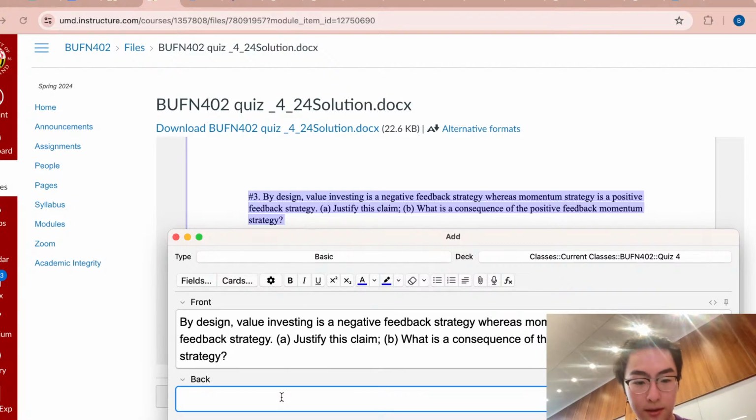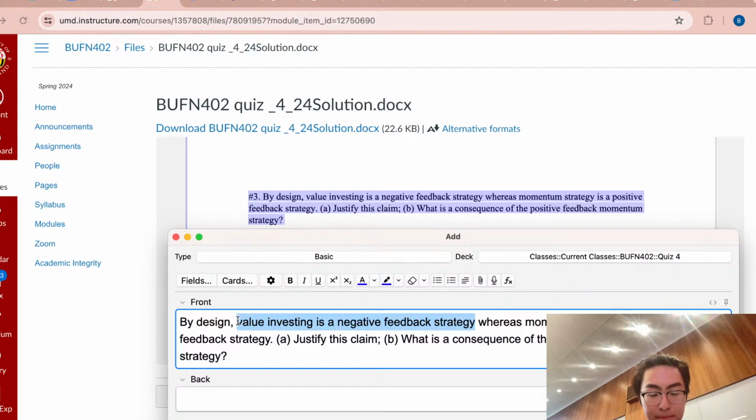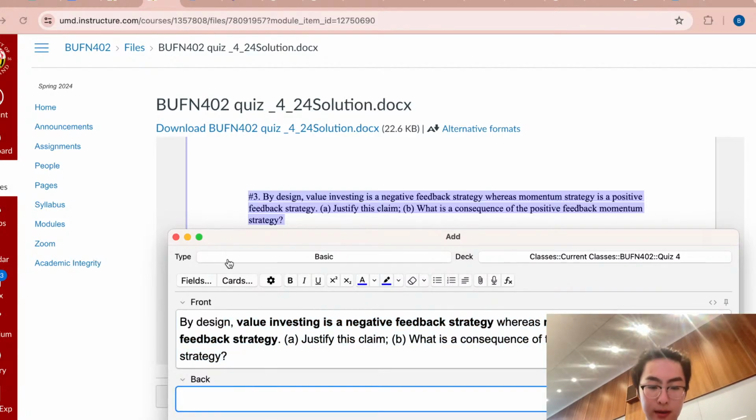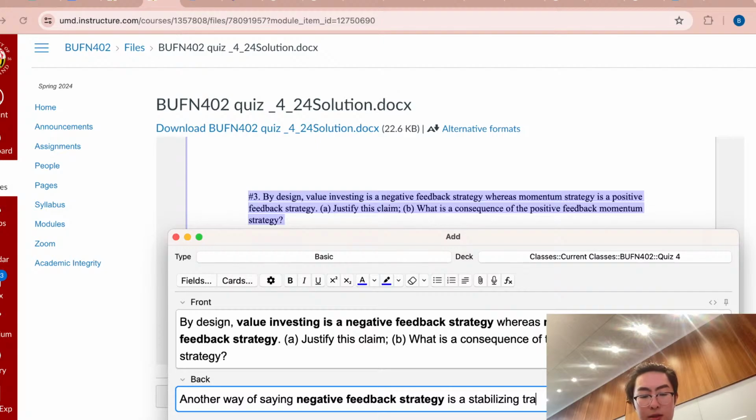Okay, so another way of saying negative feedback strategy is to say stabilizing strategy.